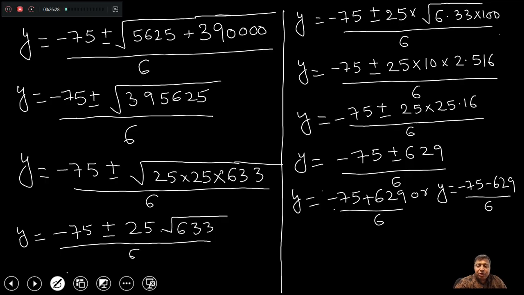We will not consider this since y is the velocity, y is the speed of the train, and speed cannot be negative, so not possible. I will not even bother to evaluate that. You can do that. 629 plus 75 is 704, negative 704 by 6, so that is 352 by 3.